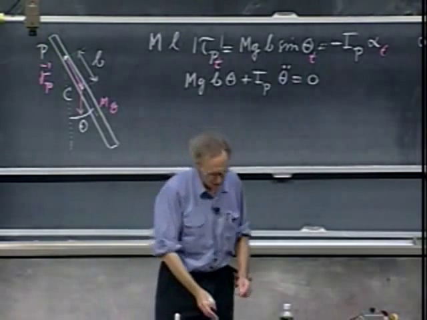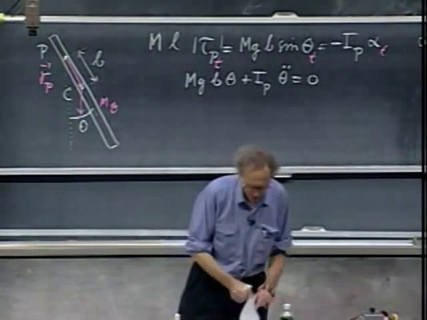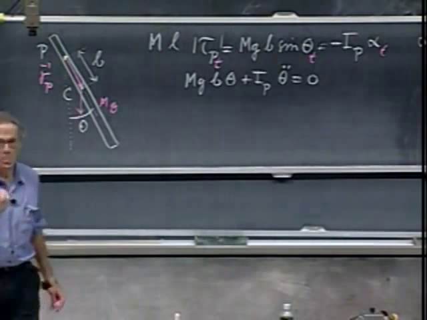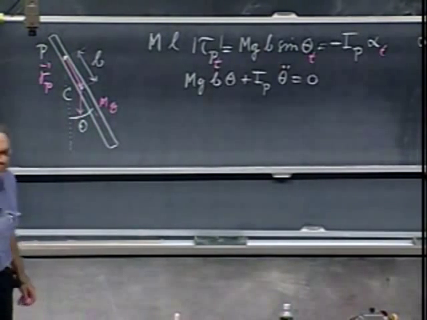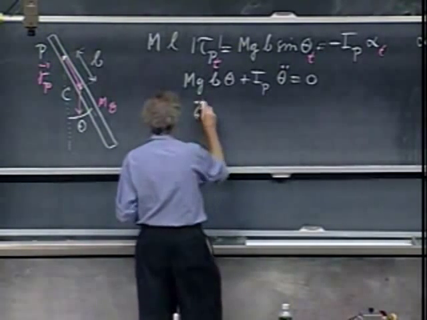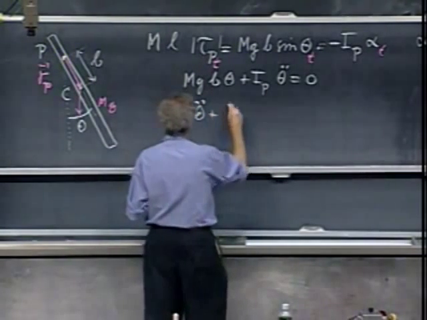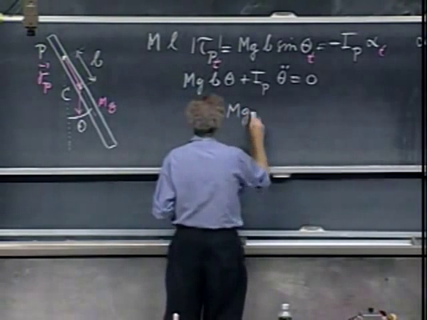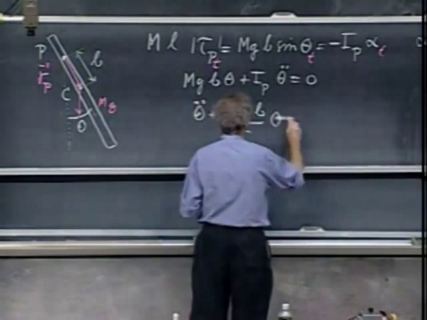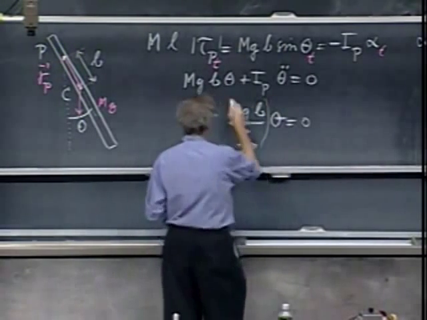And now I already begin to feel it in my bloodstream. I already begin to smell the simple harmonic oscillation, and you too. Let's bring the theta double dot naked out here, plus mgb divided by I of P times theta equals 0.